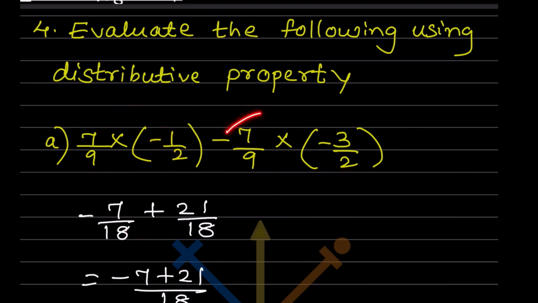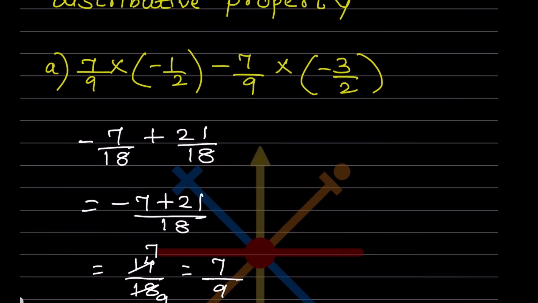Now look here, minus into minus is going to be plus, and this is plus over here, 7 3s are 21, and this is going to be 18. So now you can see, because this is a plus sign, we are just going to write the denominator once. Whenever there is a plus or minus sign and the denominator is the same, we just write it once.